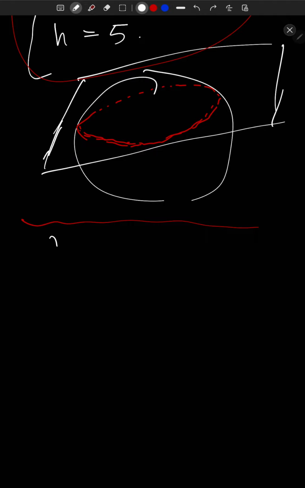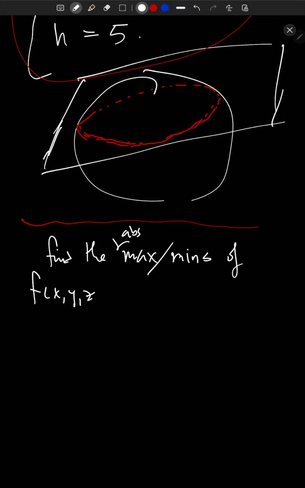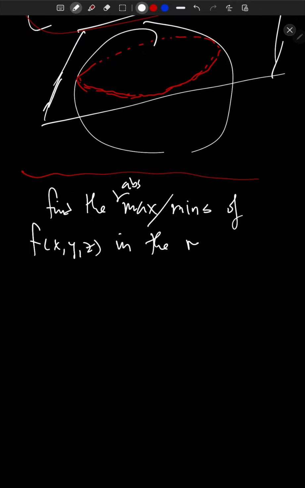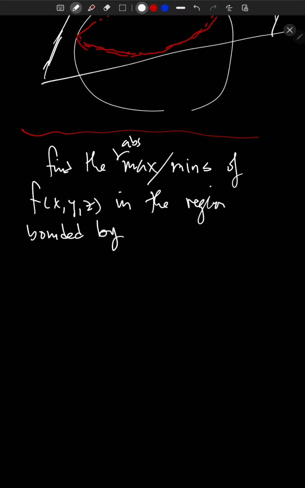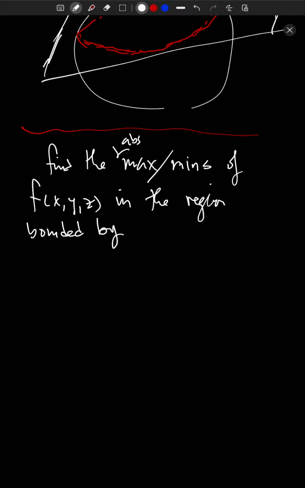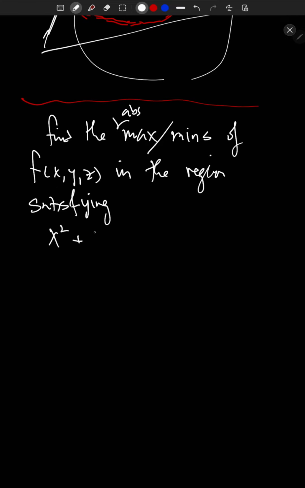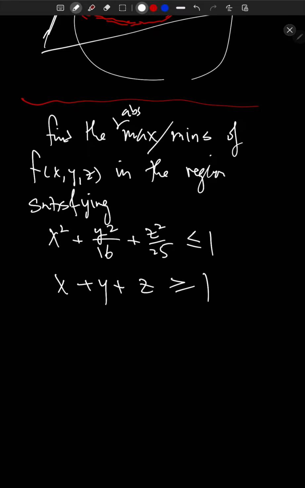Find the absolute max and mins of f of x, y, z in the region satisfying x squared plus y squared over 16 plus z squared over 25 less than or equal to 1, and x plus y plus z bigger than or equal to 1. All right.